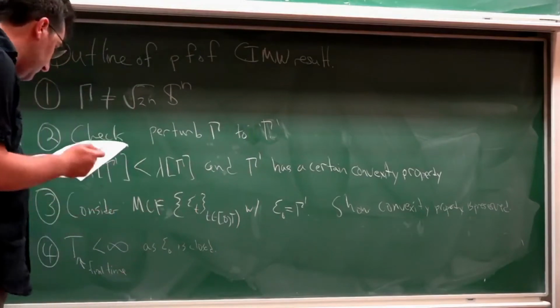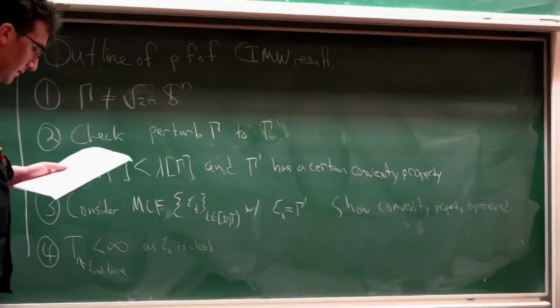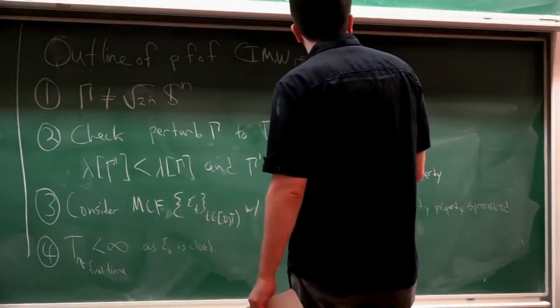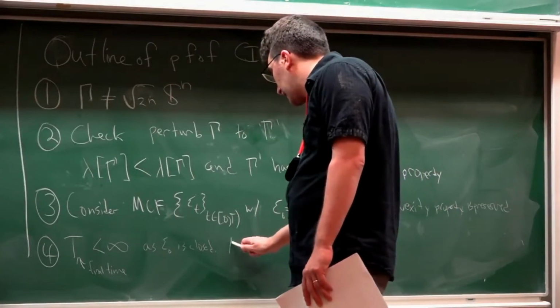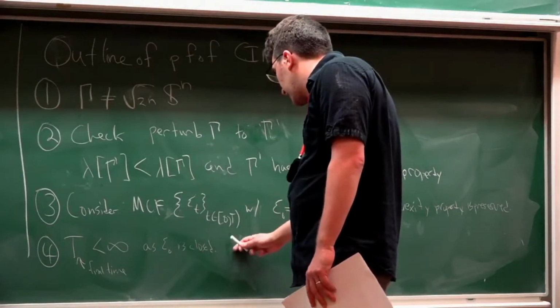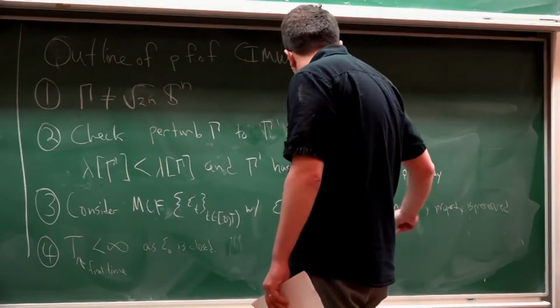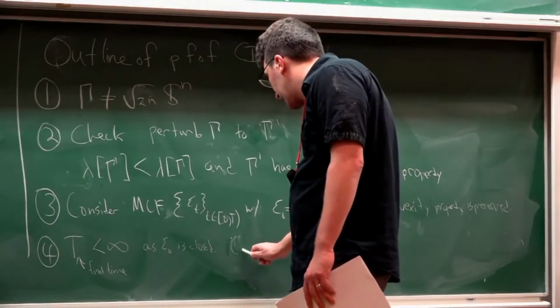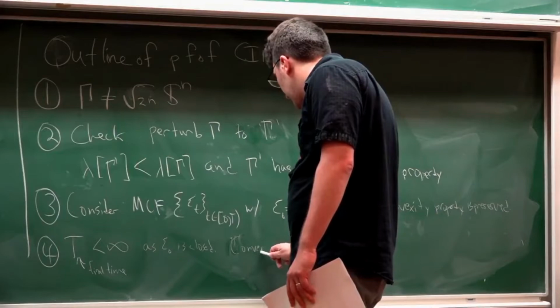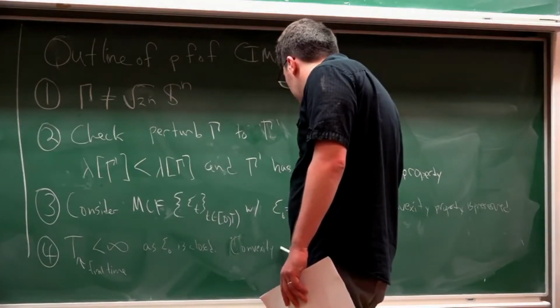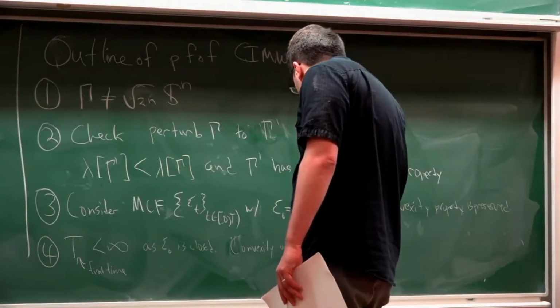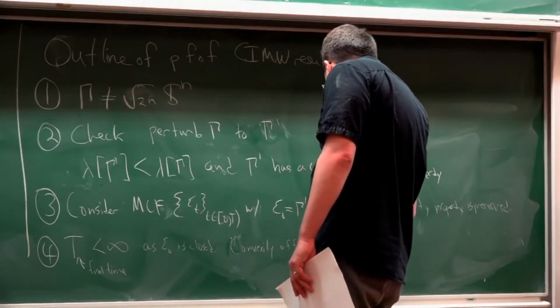And then the point is that this convexity property of the flow implies the singularity model is mean convex.